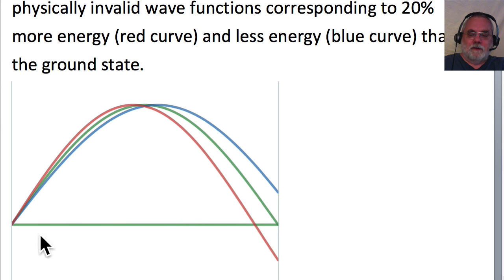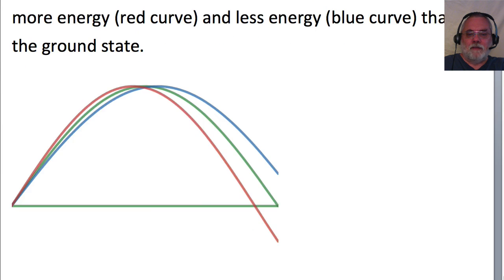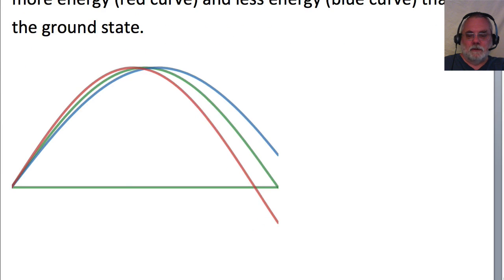The green curve, the physically valid energy eigenfunction for the ground state of a particle in a box, has zero value for the wave function at the left hard wall and the right hard wall, as it must to be a valid physical solution. Now, I've made the red and blue mathematical non-physical solutions zero at the left hard wall, but I haven't constrained them at the right hard wall.